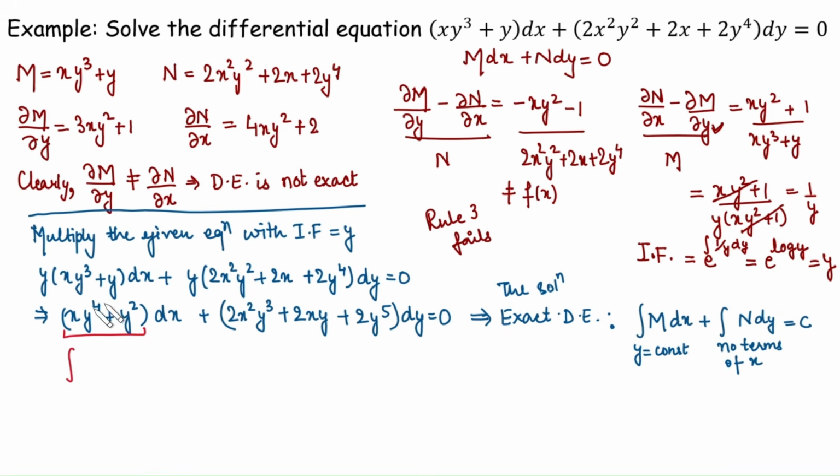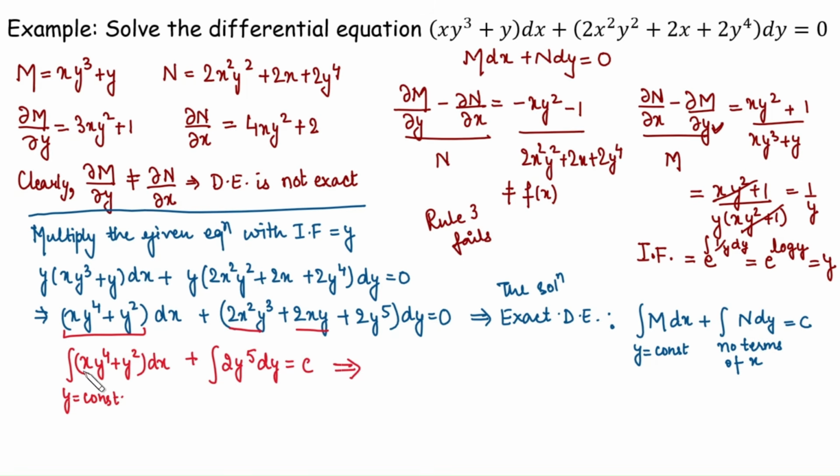So we are taking its integration with respect to x, keeping y as a constant, plus here we need to collect the terms that only depend upon y. As it depends upon x, we will discard it. Again we will discard this term because it depends upon x. But this term does not depend upon x. So we can write 2y raised to power 5 dy is equal to constant.